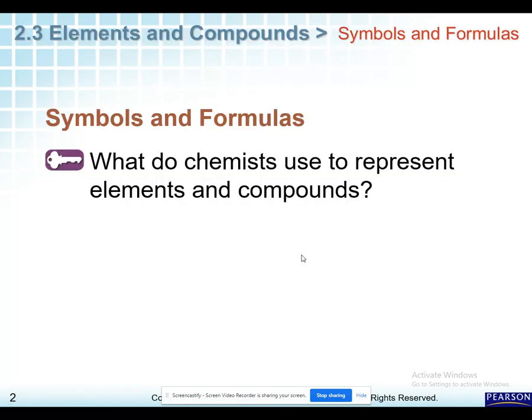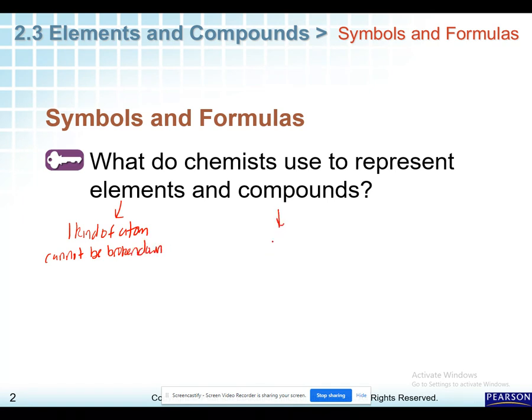What do chemists use to represent elements and compounds? Now we talked about elements yesterday and we talked about compounds. So as a reminder, let's go over this. Remember, elements are made up of one kind of atom, and it cannot be broken down.